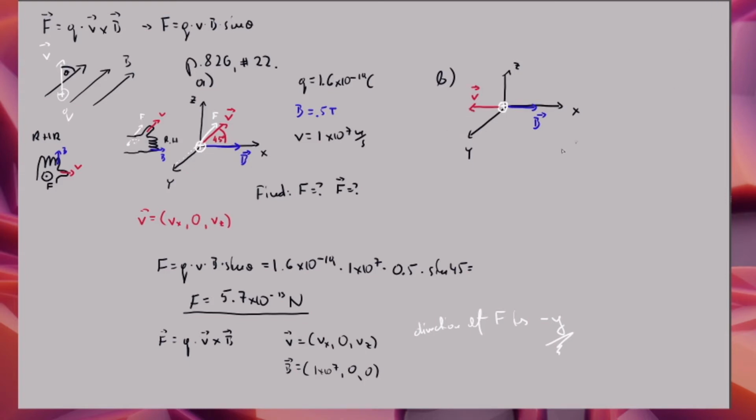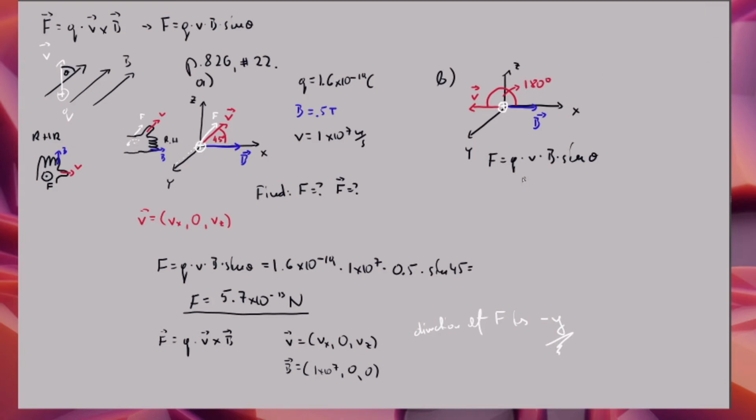Right, well, let's calculate the magnitude for this. F equals Q times V times B times the sine of the angle theta. And what's the angle theta between V and B? Well, it's 180 degrees.